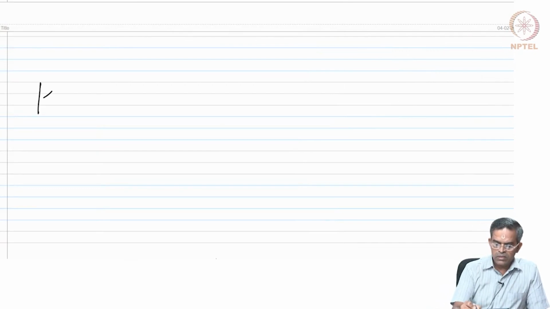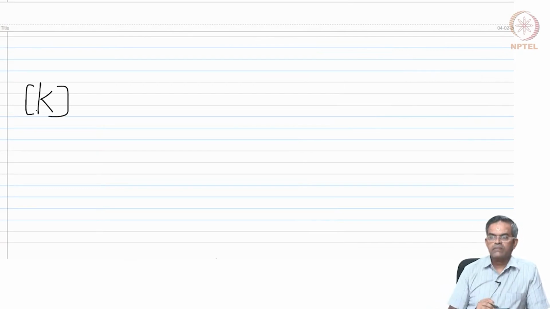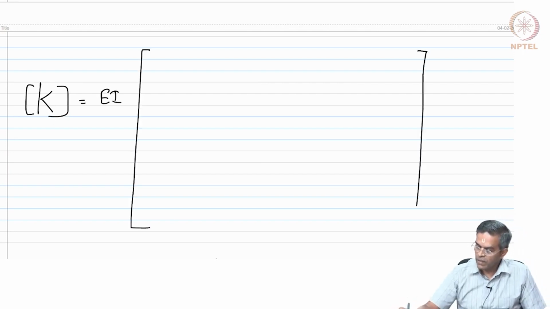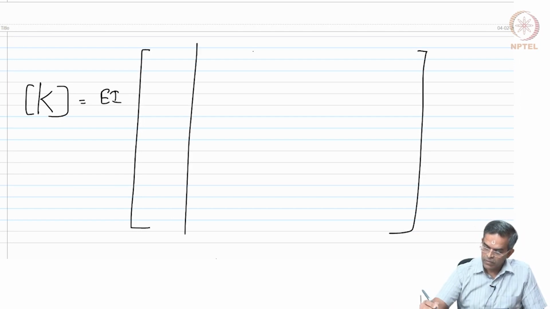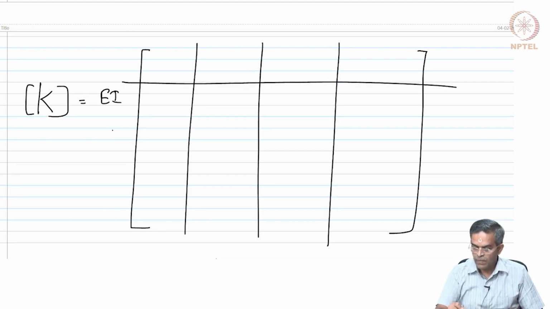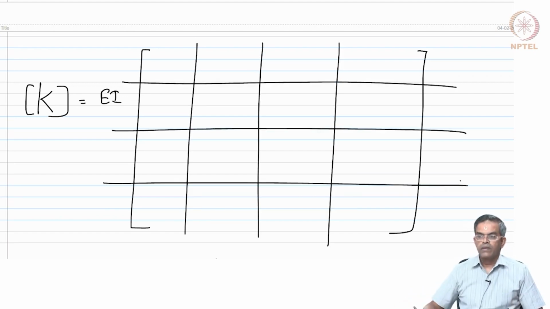So, the stability function which will be EI times of, let us mark the labels of this problem.